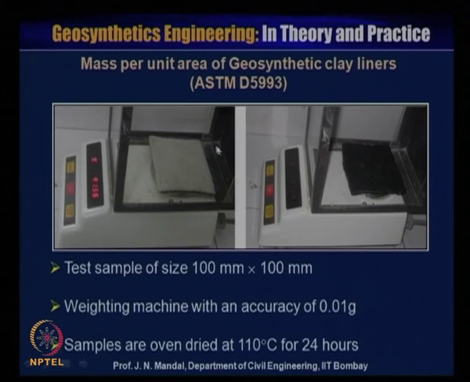This is the test sample of size 100 millimeter by 100 millimeter, and you put it on a weighing machine with an accuracy of 0.01 gram, and the samples are oven dried at 110 degree centigrade for 24 hours.